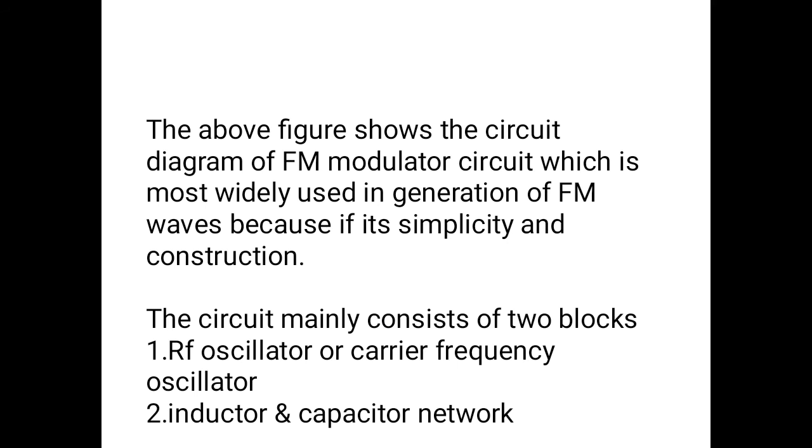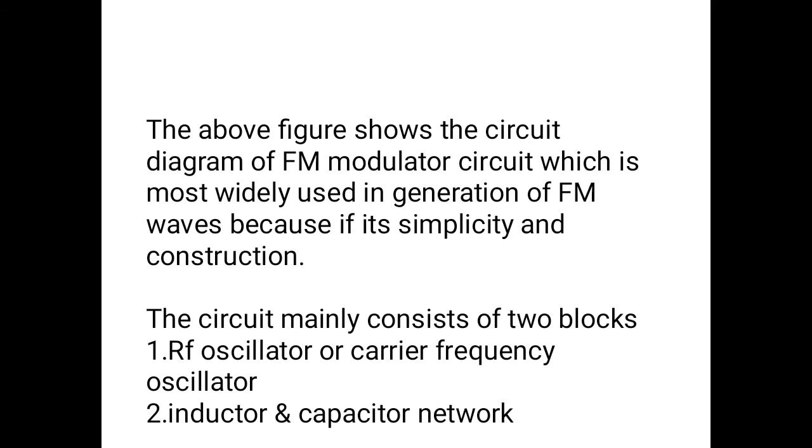The above figure shows the circuit diagram of the FM modulator circuit, which is most widely used in the generation of FM waves. This is widely used because of its simplicity of construction. You can easily say from the circuit that construction needs only three blocks. One is the RF oscillator, which you can design according to the filters you have learnt in the previous classes.